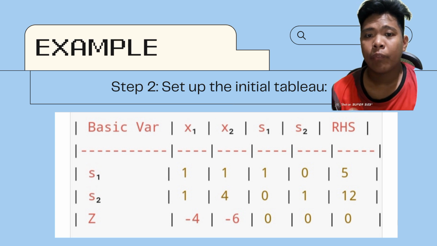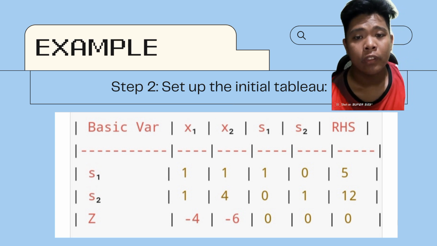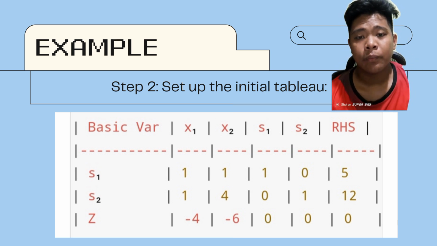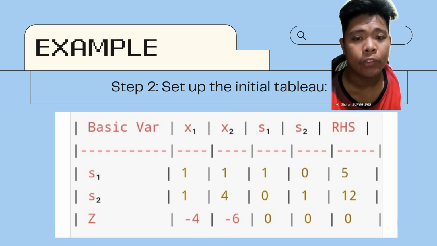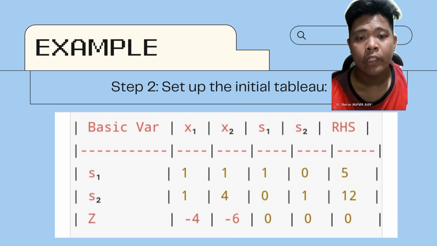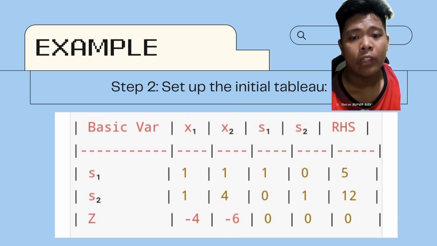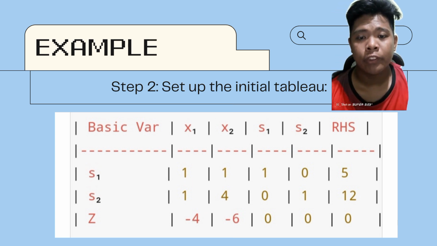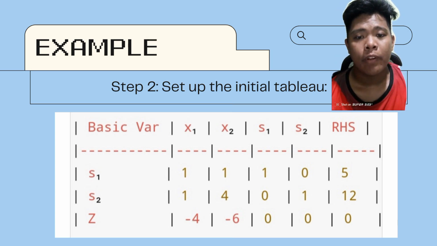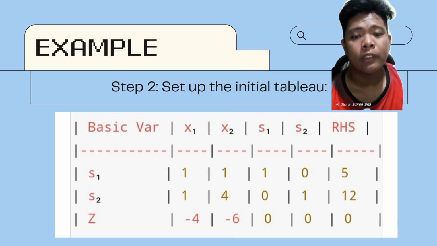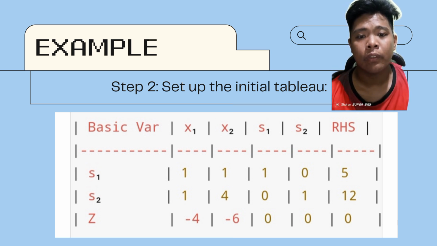This row came from the second constraint equation, x sub 1 plus 4x sub 2 plus s sub 2 is equal to 12. Sa row 3 naman is corresponding to z. This row came from the rearranged objective function, z minus 4x sub 1 minus 6x sub 2 is equal to 0.